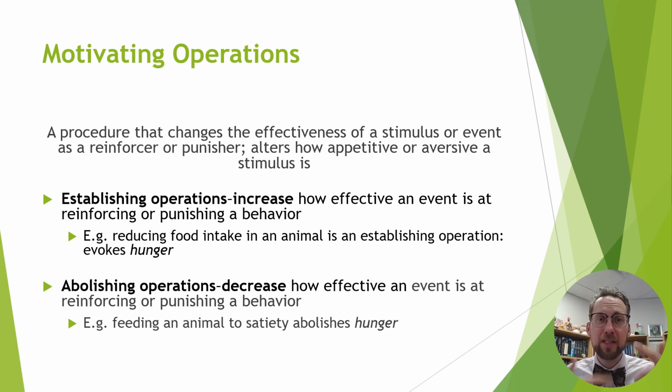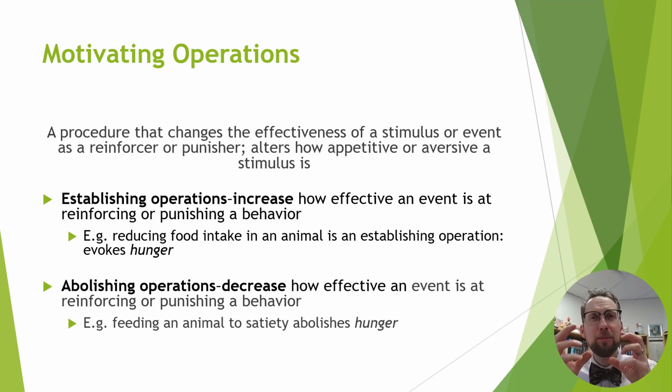That's the opposite of an establishing operation. An abolishing operation decreases how effective an event is at reinforcing or punishing a behavior. So, for example, if you feed an animal to satiety, so you just feed them so much that they're not hungry at all, well, then you have abolished hunger. So the hunger is now gone, therefore you have abolished hunger.